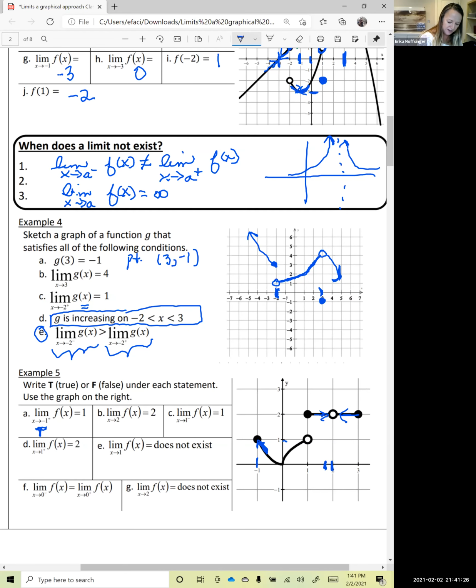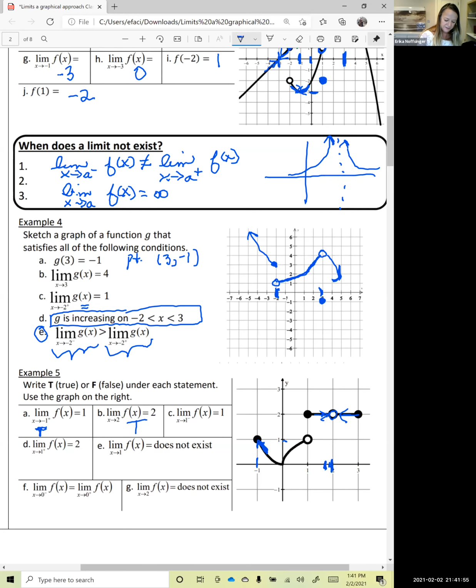Notice right here, my y value is 2. If I chose 1.9 and I go up here, my y value is still 2. If I choose 1.999, I'm still getting closer to 2. Even though it's an open circle at exactly x equals 2, my y value is still getting closer and closer to 2. So this is actually a true statement.